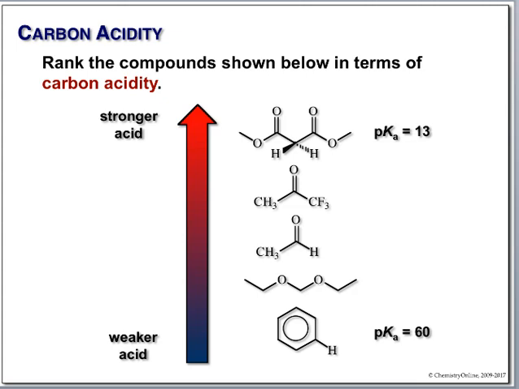Now what we're going to do today is use the acidity of these alpha carbonyl hydrogens. We're going to generate a carbanion at that point and use that as a nucleophile. One of the examples we're going to do.